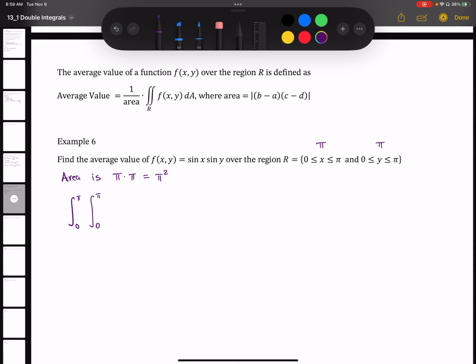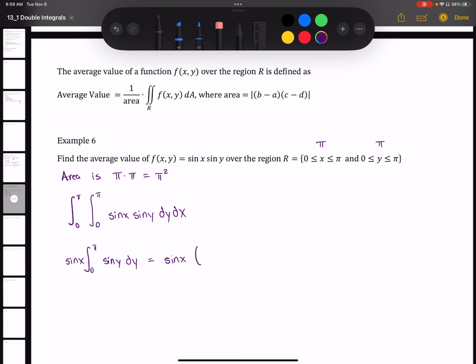So from 0 to pi of sine x, sine y, and we'll say we integrate y first. So the inner integral, all right, sine x is a constant, so sine x, and then we're integrating sine y dy, so we multiply by the antiderivative of sine y, which is negative cosine y, and we need to evaluate that from 0 to pi.